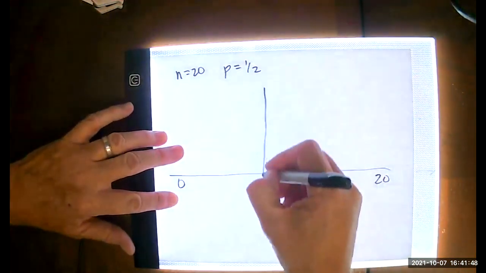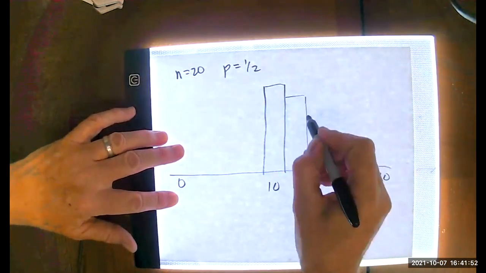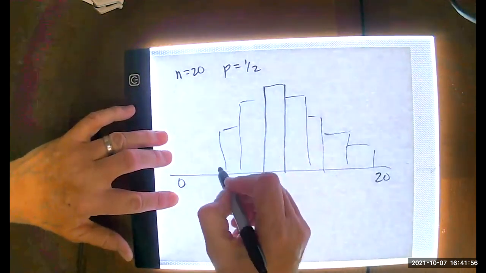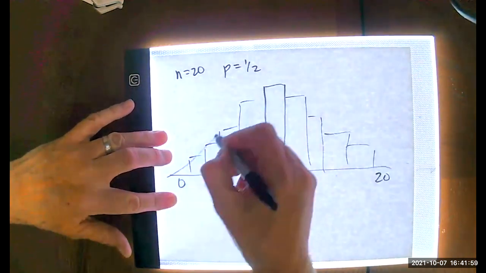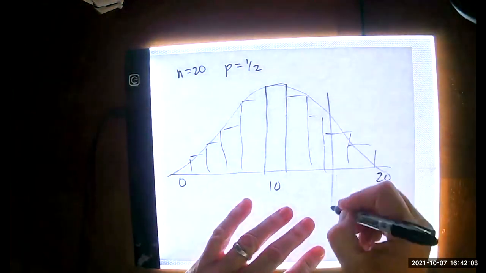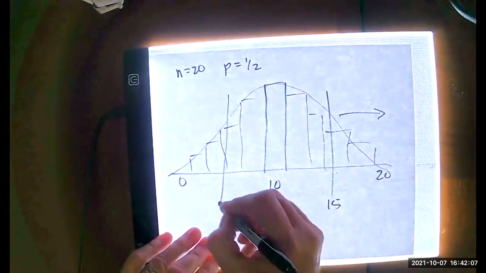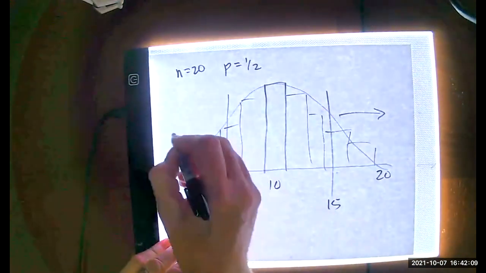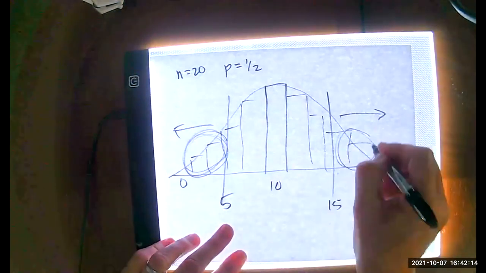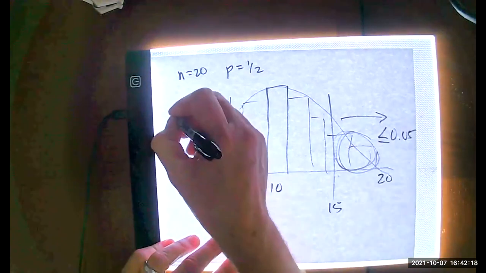The highest probability is right there in the middle, at 10, and it drops off in a very bell curve type of fashion. In fact, it's well approximated by a bell curve. So here you are out at 15 girls, and down here you are out at 5 girls and less. So this probability and this probability here are less than 0.05 in both cases.